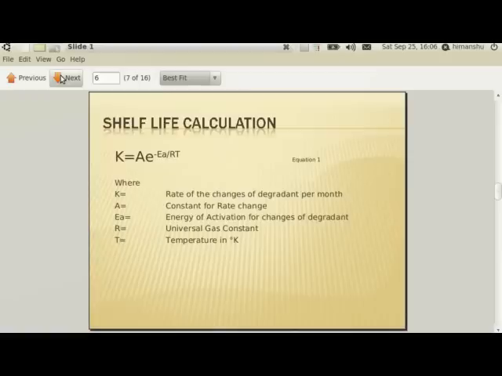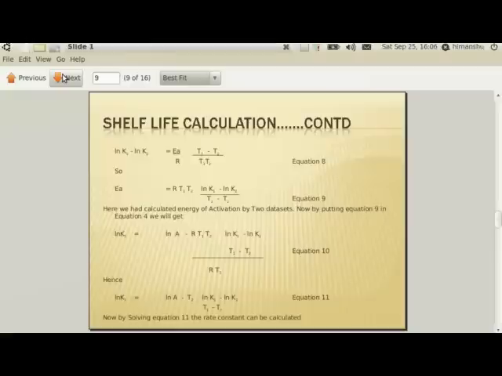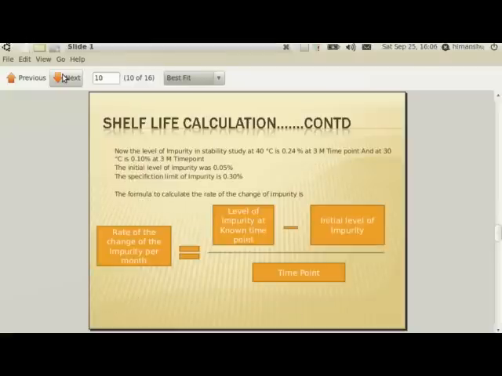So going back to our presentation, we saw that we have two data sets, one at 30 and one at 40 degrees. We equated the equations and calculated the rate of the change of impurity per month.